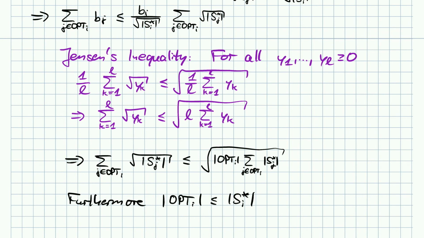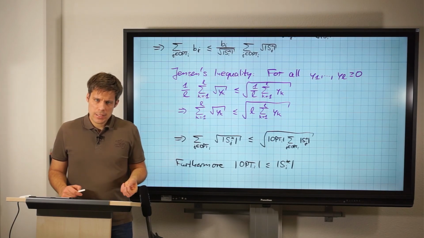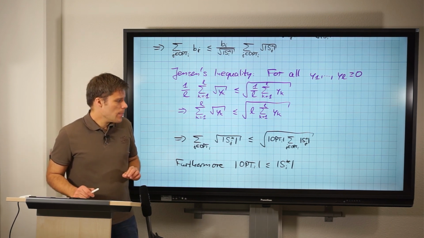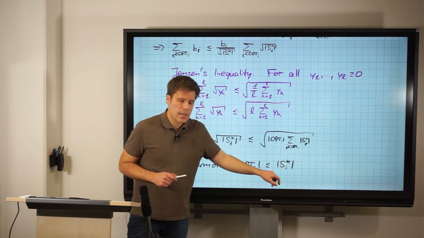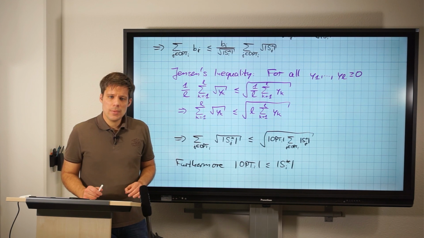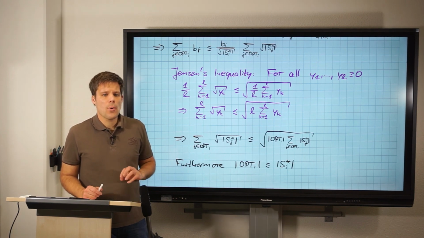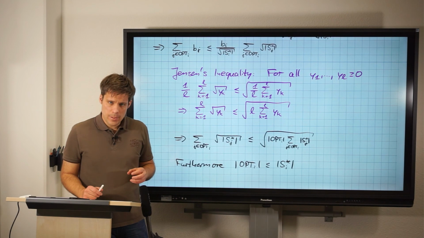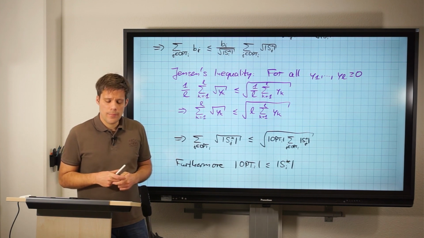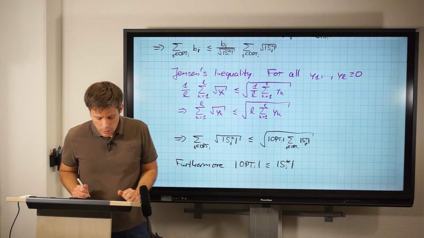In opt-i, we have all the bidders that we're losing because we are accepting bidder i. Now to count these, the ones from the optimum that we're losing, we might as well count the items in Si star, because for each item in Si star, we're losing at most one of the bidders from opt-i, because they have disjoint sets Sj star. Good.